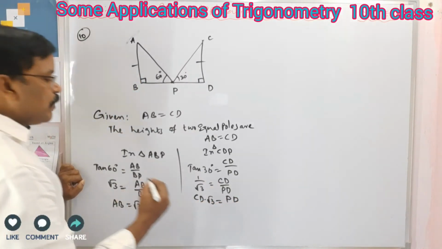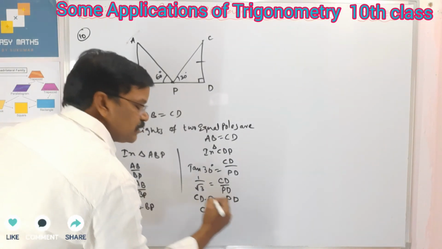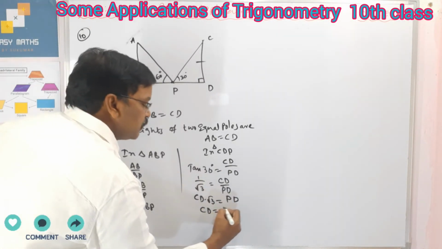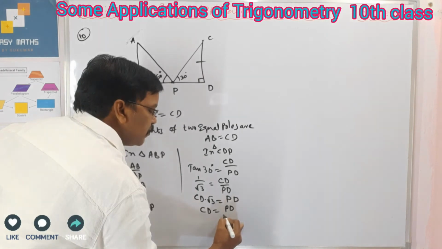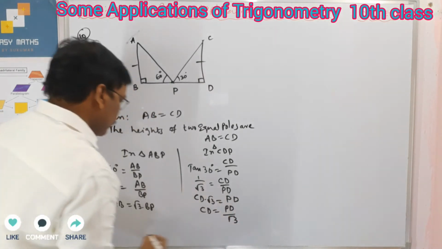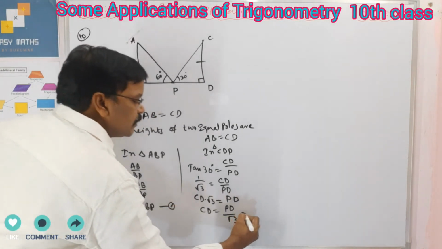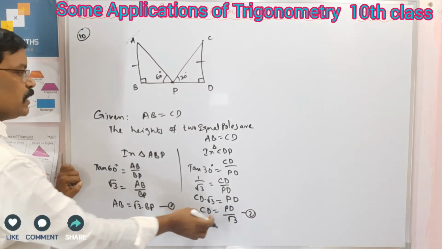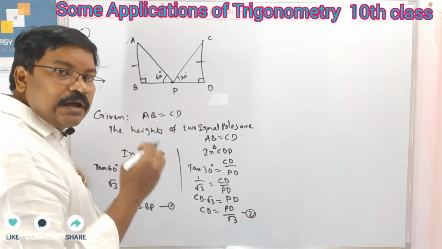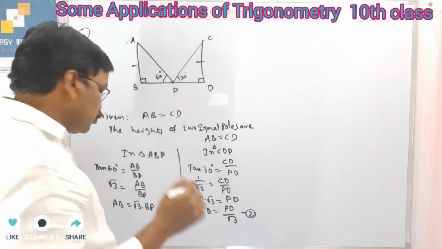Make CD the subject: CD is equal to PD by root 3. See, from 1 and 2, AB and CD are equal. The two heights of the poles are equal.